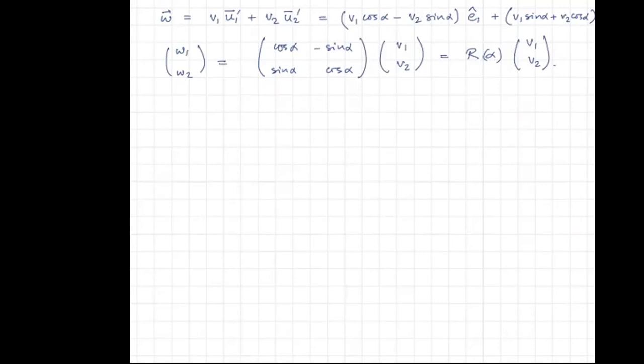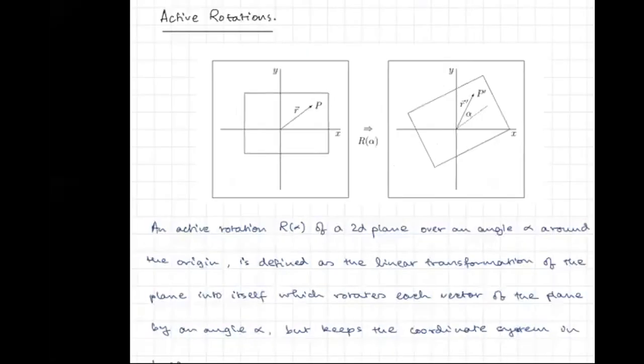Suppose you have a point on the paper, which we call the point P. This is characterized by the position vector r before rotation of the sheet.